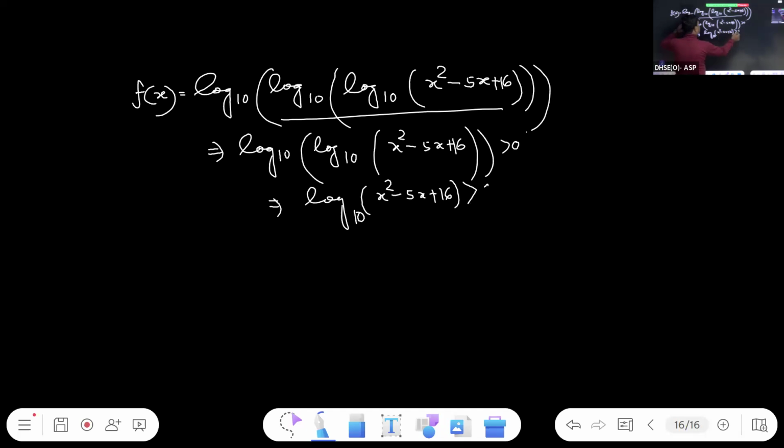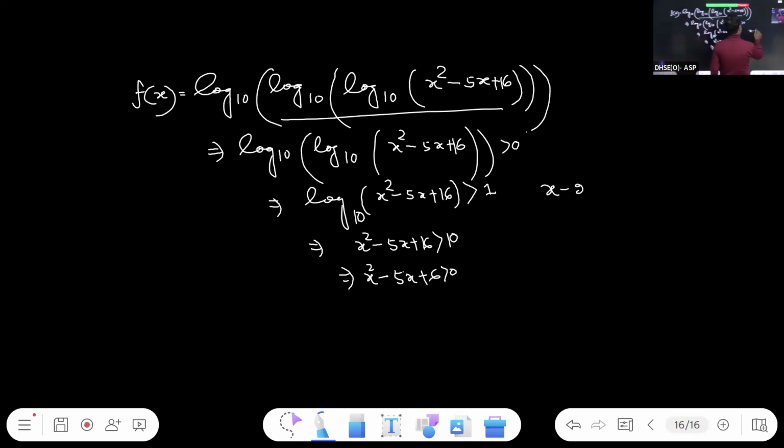10 to the power 0, that is 1. This implies x square minus 5x plus 6 greater than 1... x square minus 5x plus 6 greater than 0. (x minus 2) into (x minus 3) greater than 0.